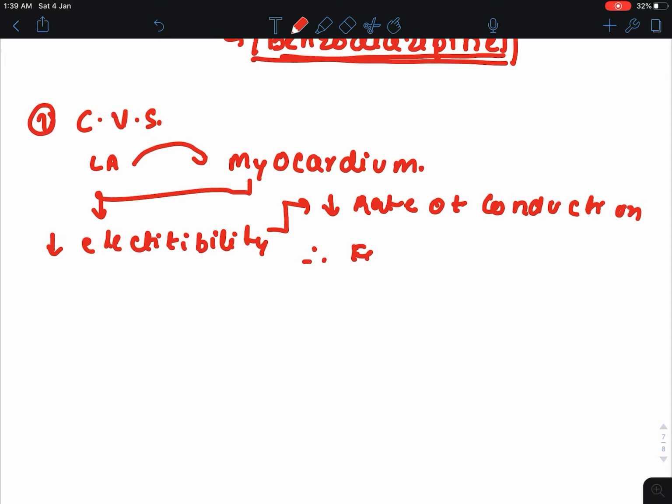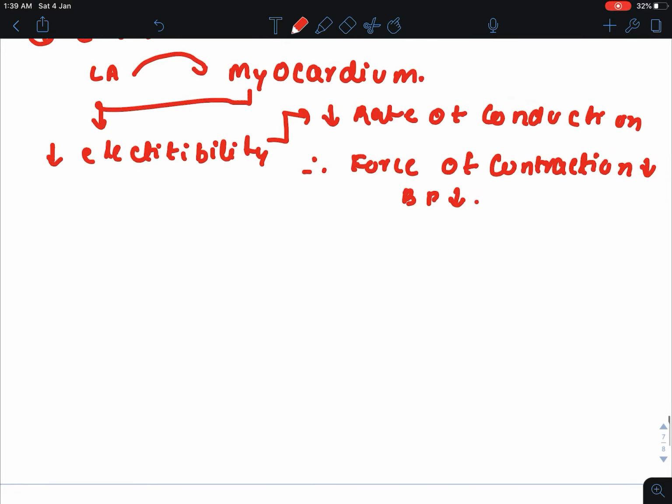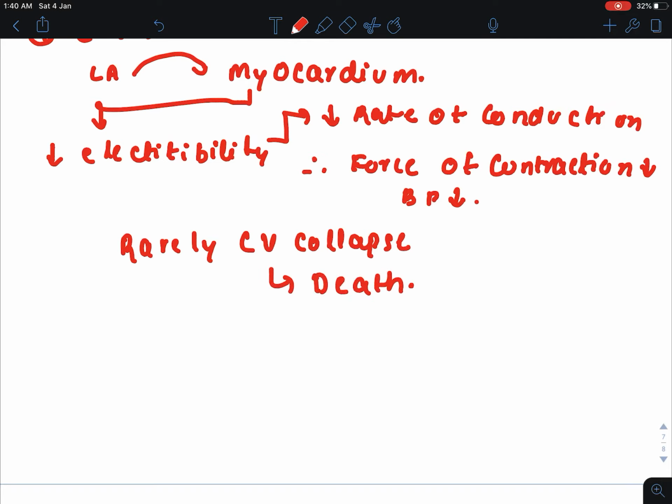Force of contraction will decrease, blood pressure will decrease, and rarely cardiovascular collapse occurs due to local anesthetics, and because of that death can occur.